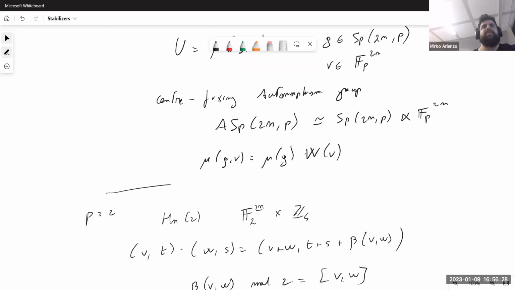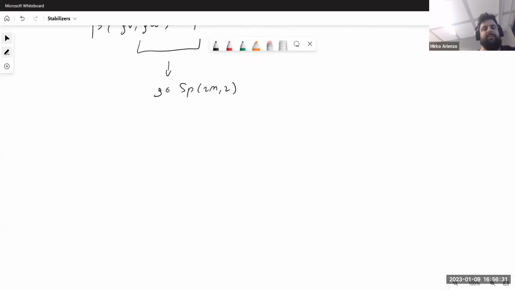Okay, so I think we can go to the Clifford group and just do a little recap here. Let's say we still consider only the odd characteristic case, just for simplicity. In this case, the definition is very simple, because we just start again from this thing here.